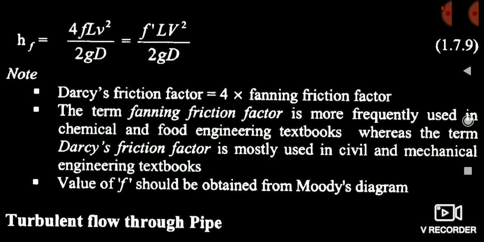Simply, f is our Fanning friction factor, and f' is the Darcy friction factor, and the Darcy friction factor is 4 times the Fanning friction factor. That is the simple logic, and you have to remember this formula. I will show you its application in the next slides.